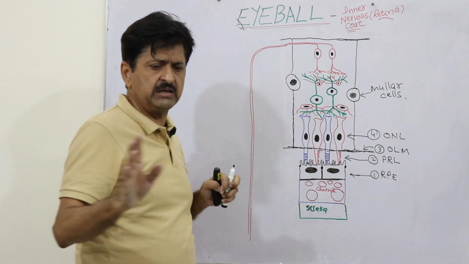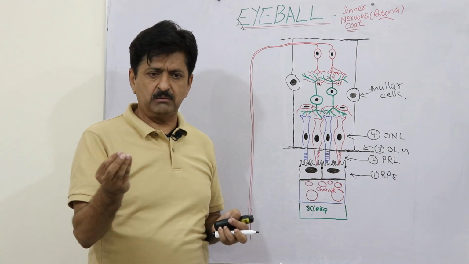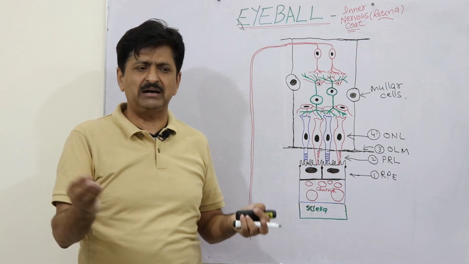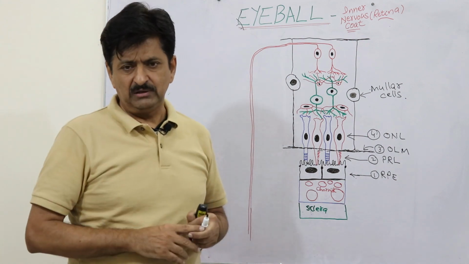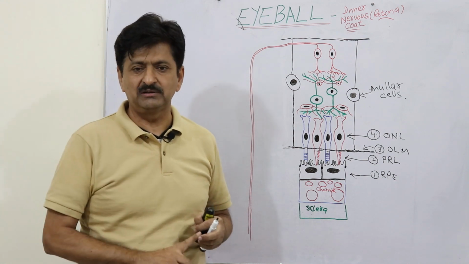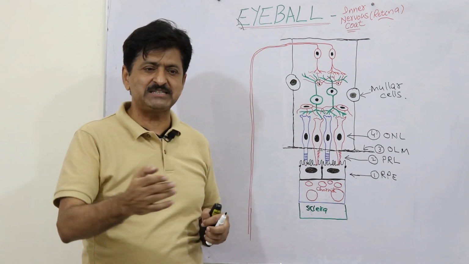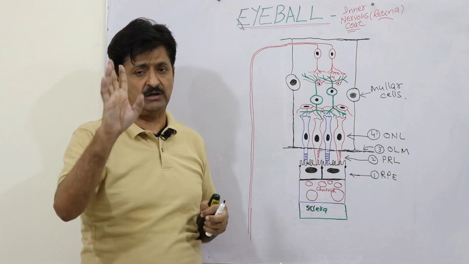Every first order neuron lying in the dorsal root ganglia or sensory root ganglia or any other ganglia, they are pseudo-unipolar. All general senses first order neurons are pseudo-unipolar. Even in special senses, taste is also pseudo-unipolar, but remaining all special senses have the bipolar.